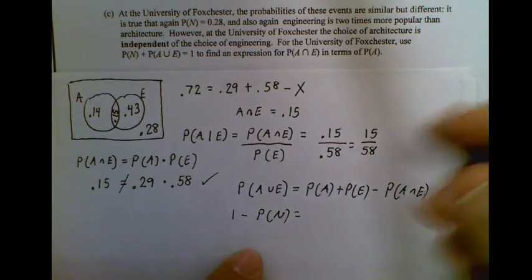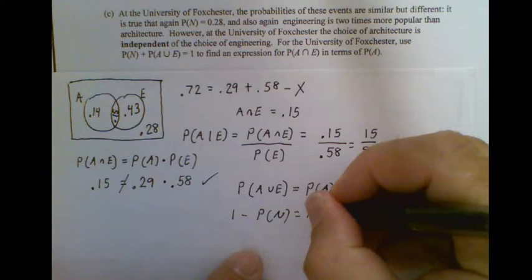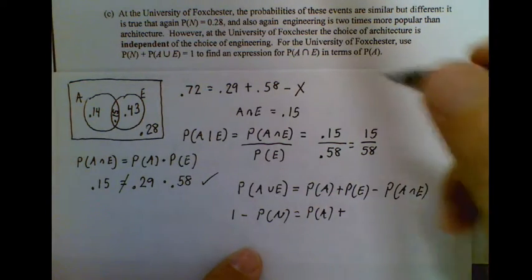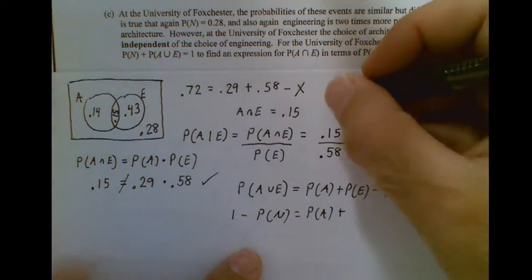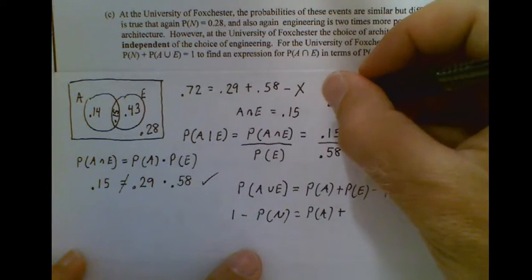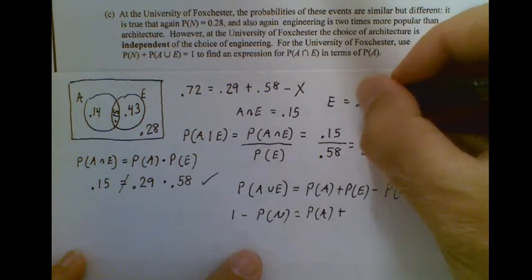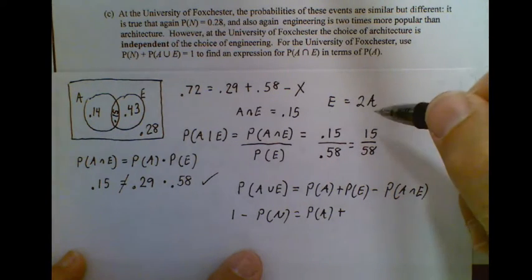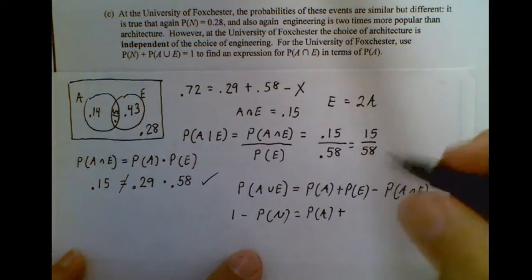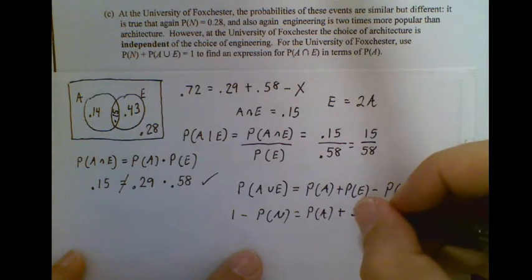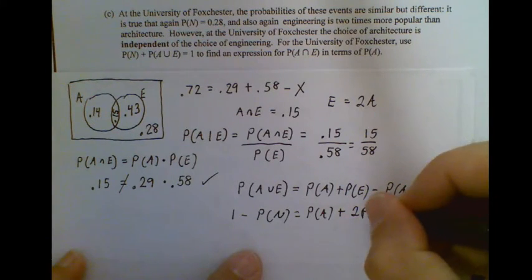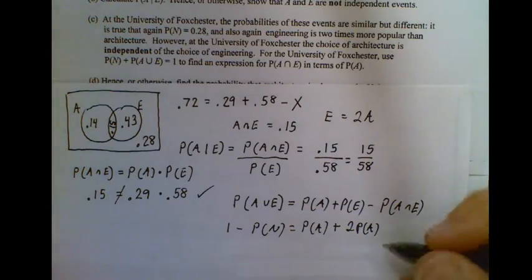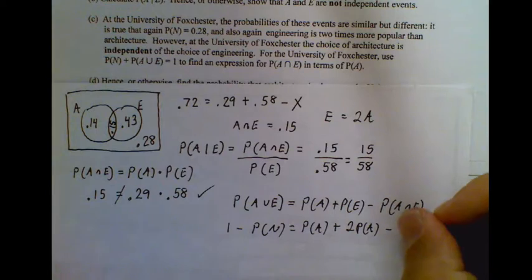So we got the probability of A. Now they told us up above that engineering is 2 times more popular than A. So in other words, in math symbols, E is 2 times A. And so just using that idea, I can make a little substitution for him. So instead of E, I'm allowed to put 2 times the probability of A. And then minus probability of A and E.